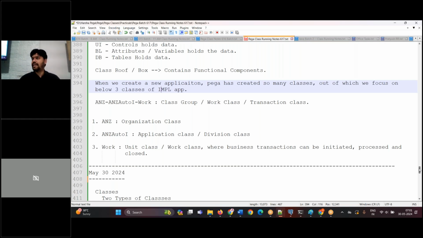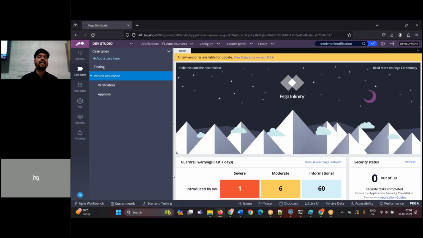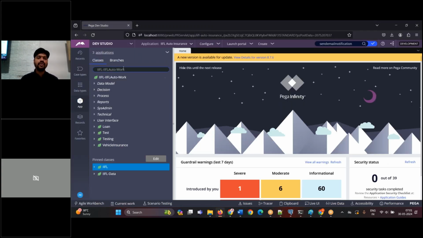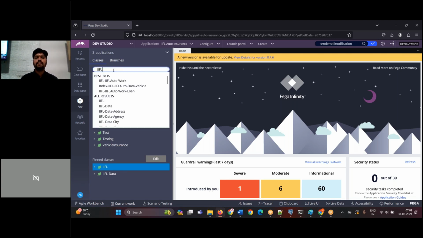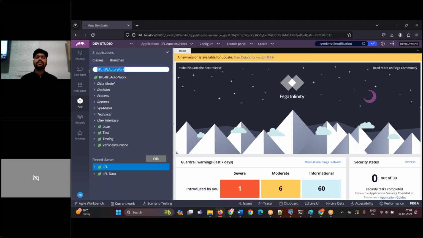You must be placing that inside a class, and those classes you will be placing inside an application. We are ready with application, and we are not sure about classes. But yesterday I showed you, when you create a new application, it creates so many classes, out of which we were focusing only on the transaction class.